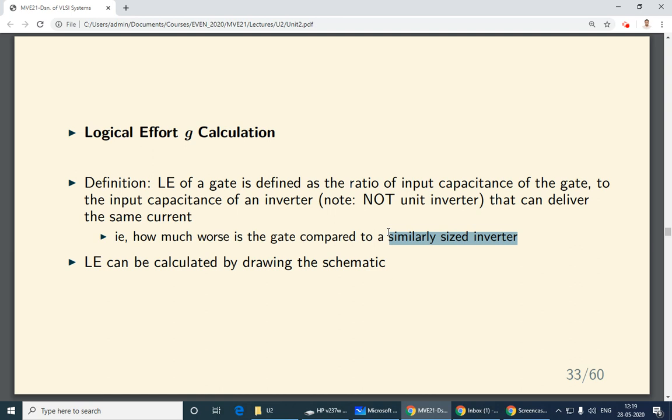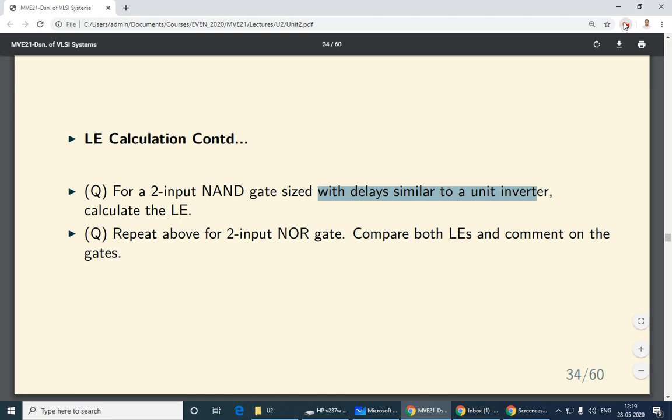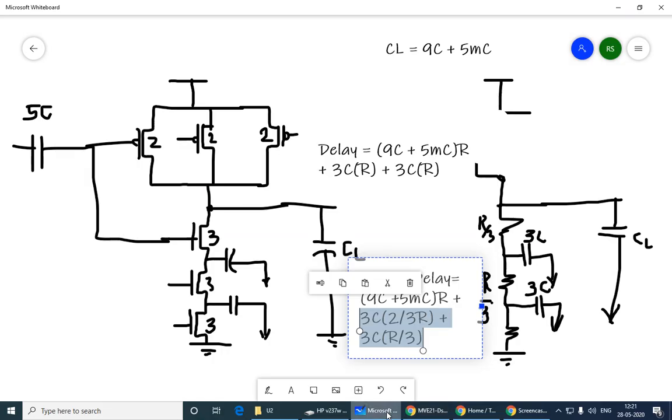Okay, so we will try some examples. It will become easier. Let us take the first one. Two input NAND gate sized with delays similar to unit inverter. Okay, so for this two input NAND gate, I want to find out what is the logical effort.